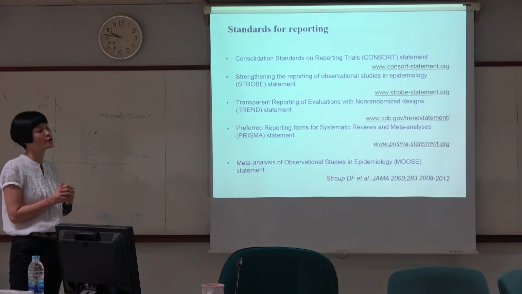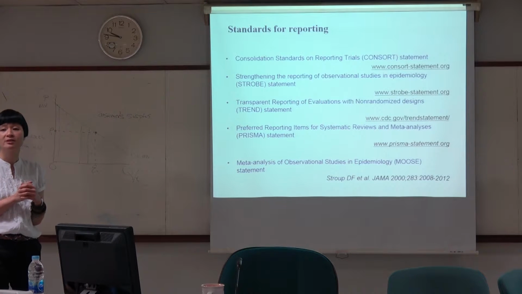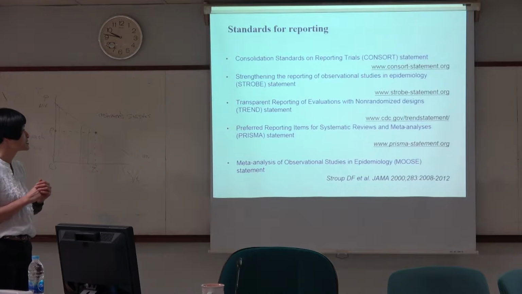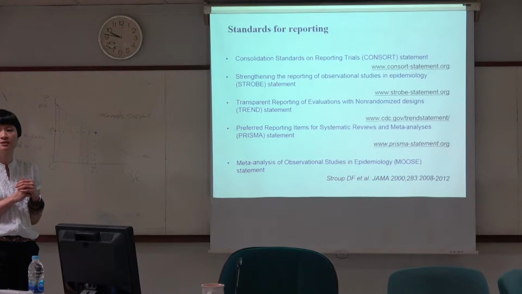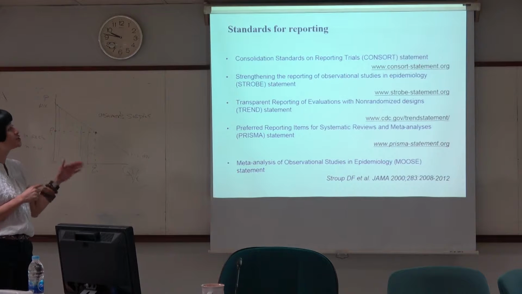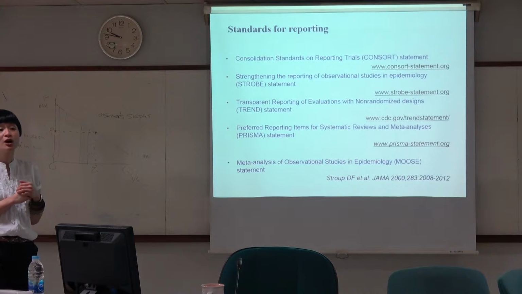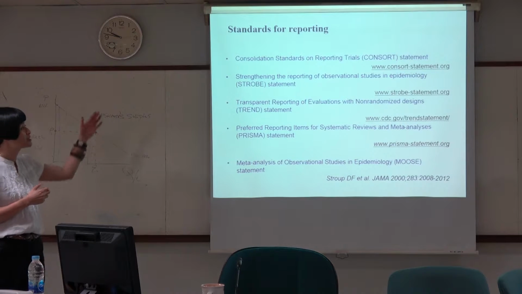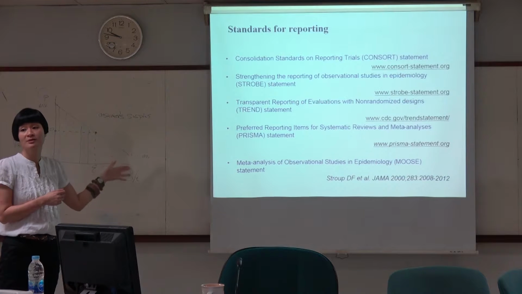And the PRISMA statement, of course, is to judge the quality of systematic reviews and meta-analyses. And the MOOSE statement is for meta-analysis of observational studies. So these are really good guidance to give you a clear view of what a good quality study ought to look like. And the checklists that have been developed to assess quality typically stem from these statements.